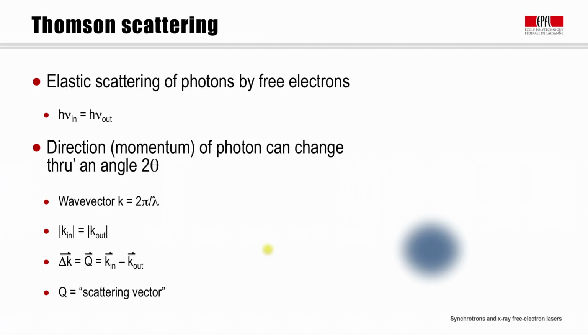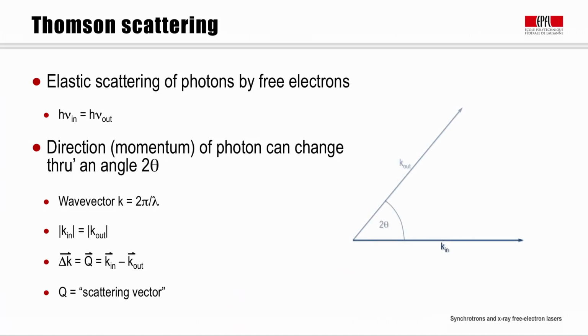Although the photon energy remains invariant, the direction or momentum can change. Let's consider scattering of a photon by an angle 2 theta, as shown here. The vector difference between the incident and scattered photon wave vectors, each of which have a magnitude equal to k, which is equal to 2 pi upon lambda, is equal to q, which is referred to as the scattering vector.